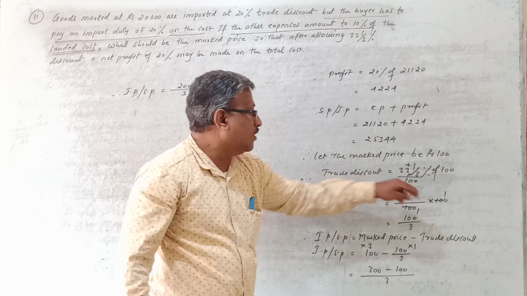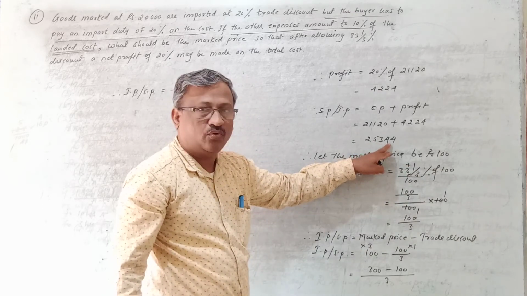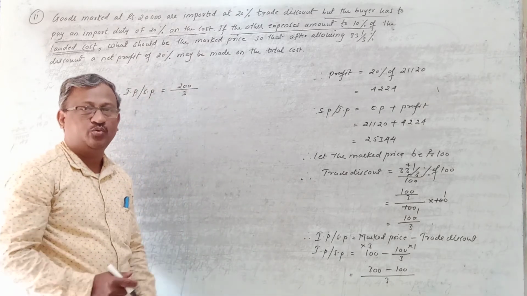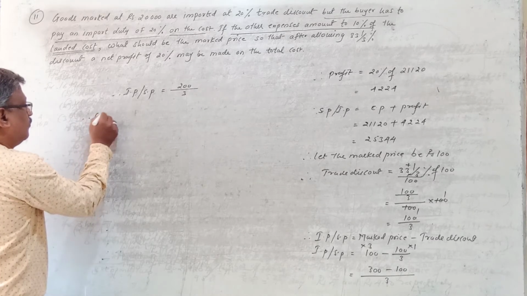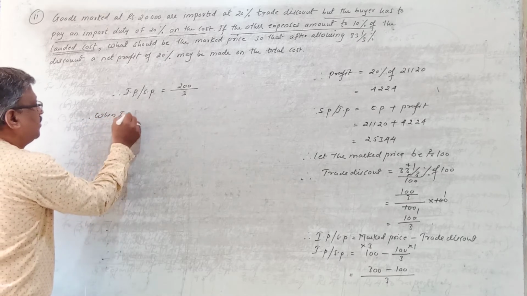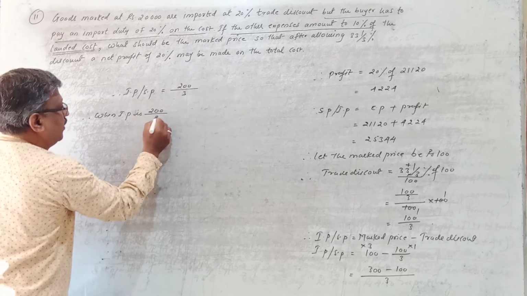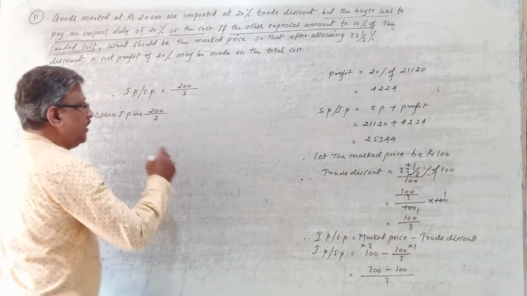So what I want, if his actual invoice price or selling price is 25,344, I want his list price or mark price. So for that we need to put the equation. How do you put the equation? When invoice price is 200 upon 3, at that time what should be his mark price? It is 100.